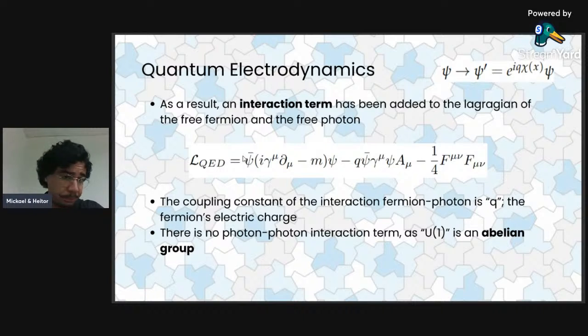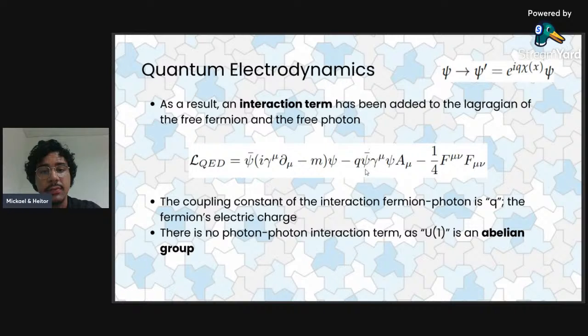What is this? It's just the Dirac Lagrangian here, the first two terms: the kinetic and mass term for the fermion, and the kinetic term for a photon. In the middle, I have the interaction term between a fermion and a photon.